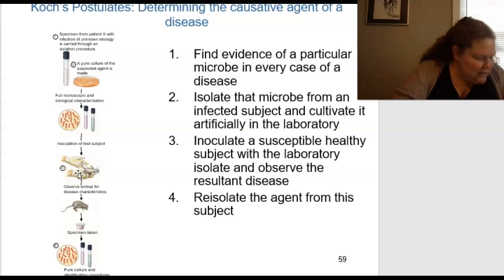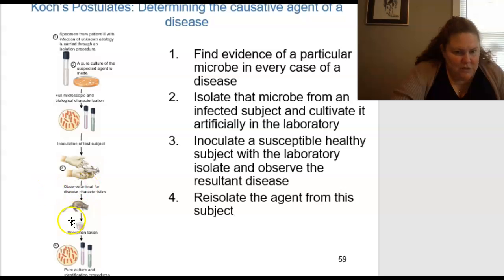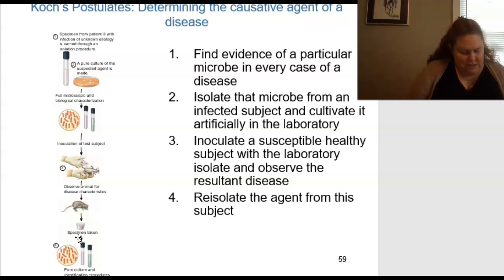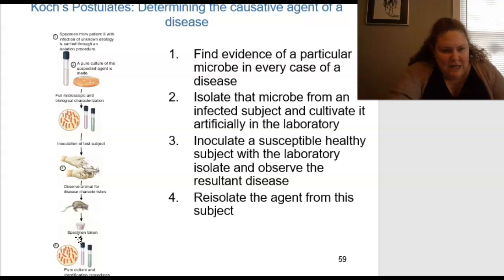In this case, it looks like a little mouse, okay? Then you observe the animal for the disease characteristics. You take a specimen from it, and then you can isolate a pure culture and identify it. So the microbe in the initial and second isolations and the disease in the patient and the experimental animal must match for the postulates, or the hypothesis, to be satisfied.